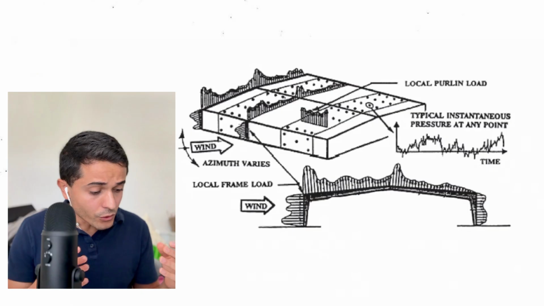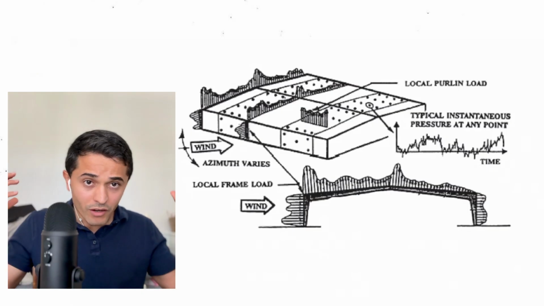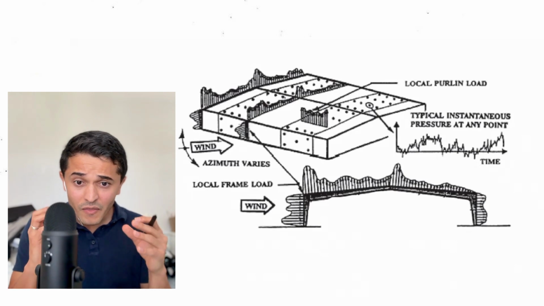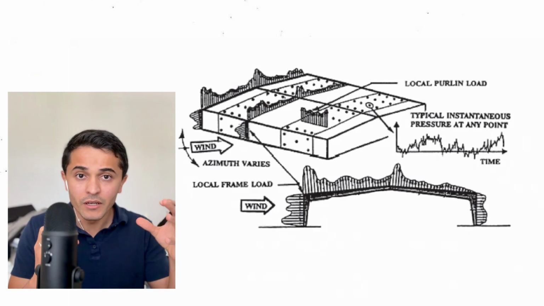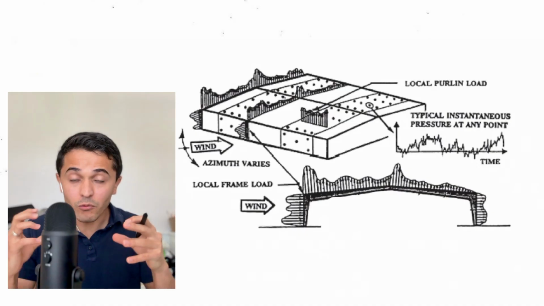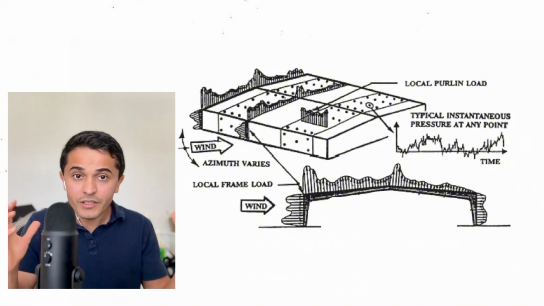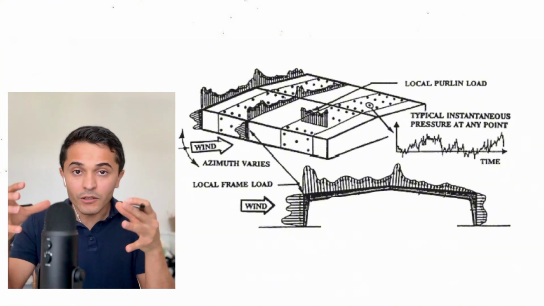Basically, when you have a building and you have a windstorm, a wind event happening, there may be some gusts of wind and pressure or suction that will generate in random spots just because of the nature of wind. Wind is not something that's very constant and controlled.